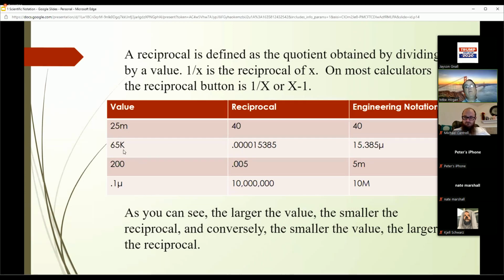Now, if we do the same thing with 65K, right? 65K is a big number. We know that because K is times 10 to the third, which is 3 more zeros. 65K is 65,000. If I'm going to divide 1 by 65,000, I should expect a very small number. And you see, that's what I get, a very small number, 0.000015385, right?